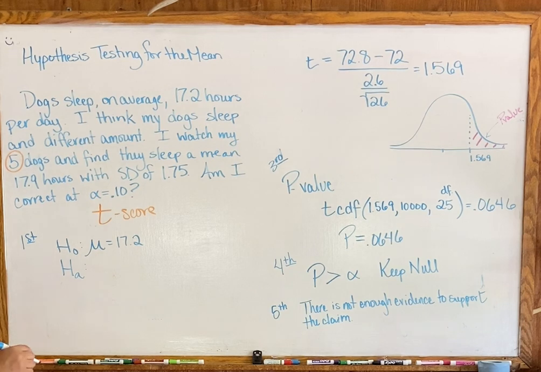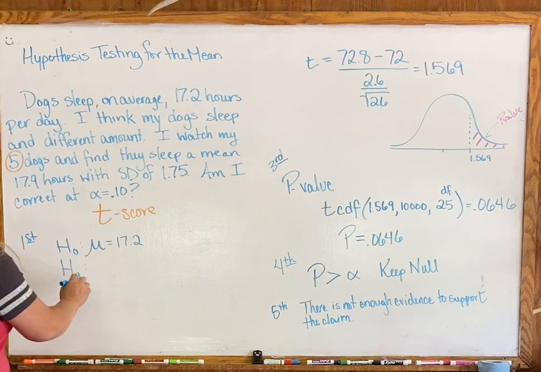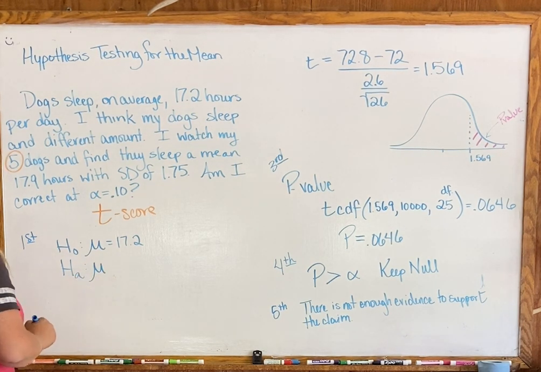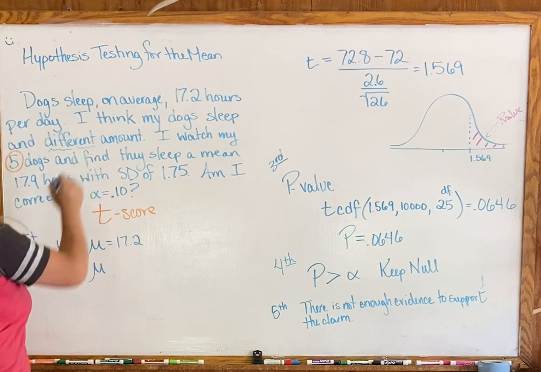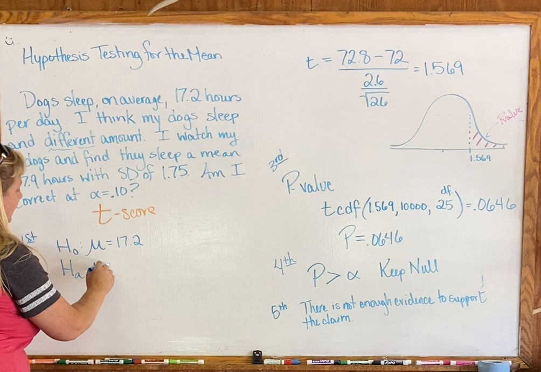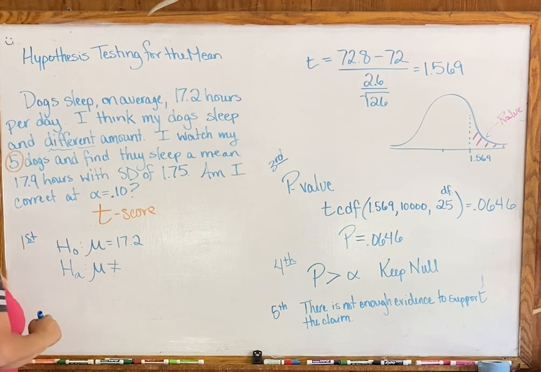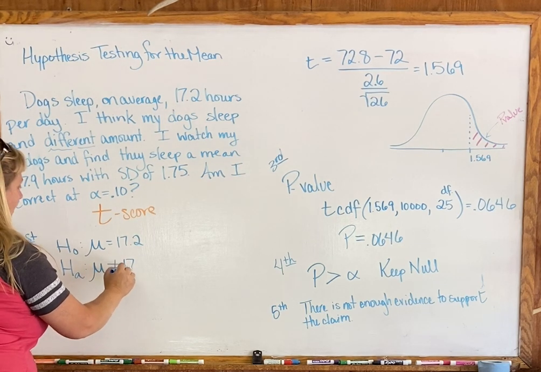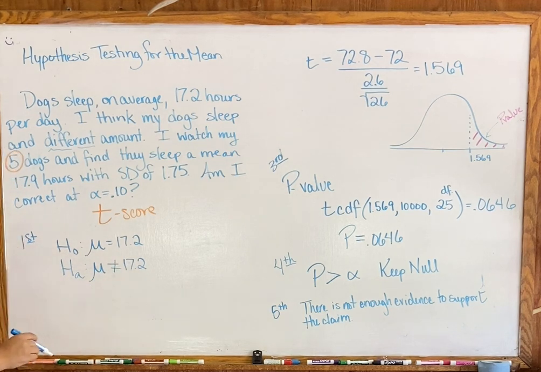Now, what do I think? I think that the mean is, and I wasn't very specific, I just said different. So remember that different translates to not equal to 17.2. So mu is equal to 17.2 and mu is not equal to 17.2.